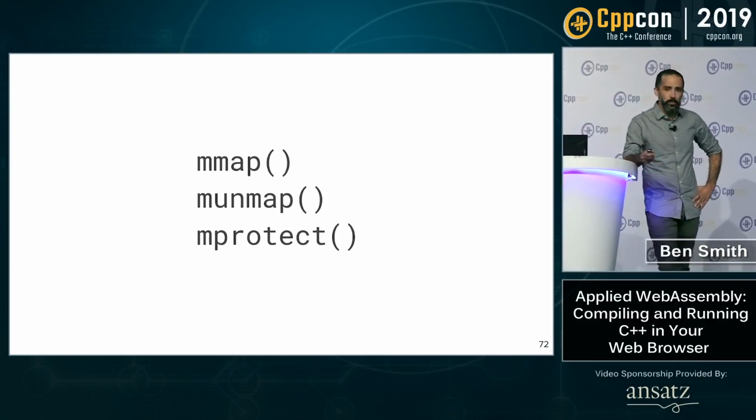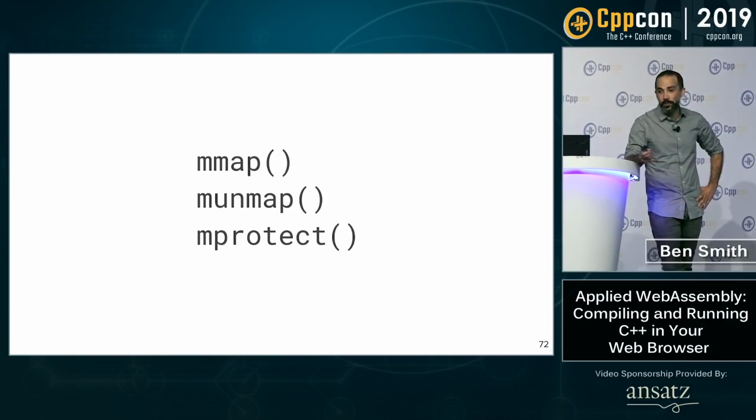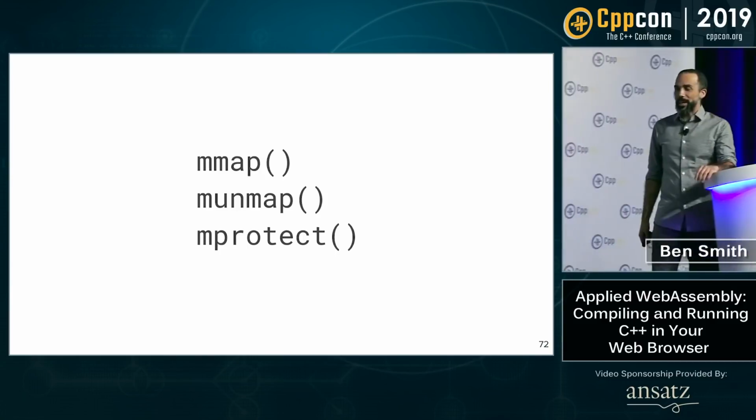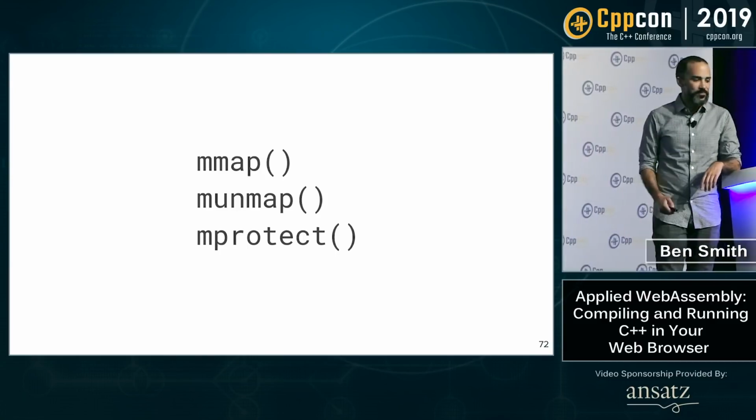LLD actually does have an optimization where they mmap files, and then they can write directly into it to make it run very fast. It's very cool, though. They have a fallback where if mmap isn't supported, it'll just write it into a buffer and then write it out as a file. So it turns out that they already solved the problem for me.